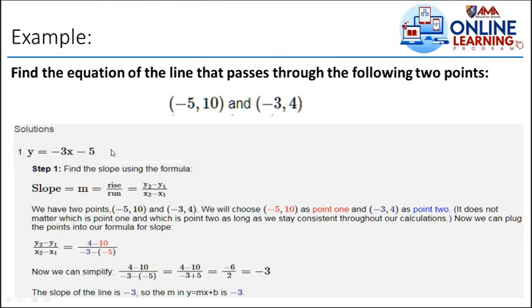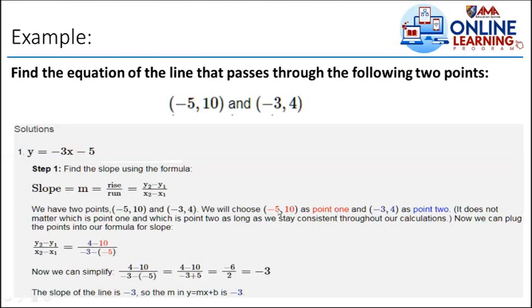Step 1. Okay? Find the slope using the formula. So, from our formula, as I have said, slope is equal to rise all over run, or that is delta y all over delta x, or that is the same as y2 minus y1 divided by x2 minus x1. Kaya sabi niya, we have 2 points, -5 and 10, and -3 and 4.